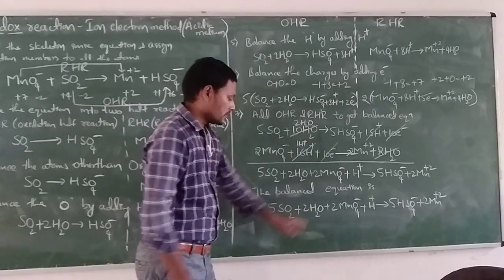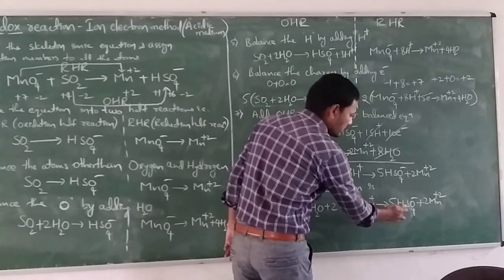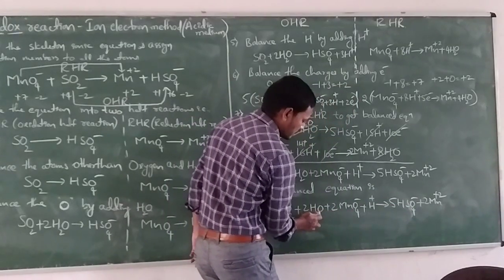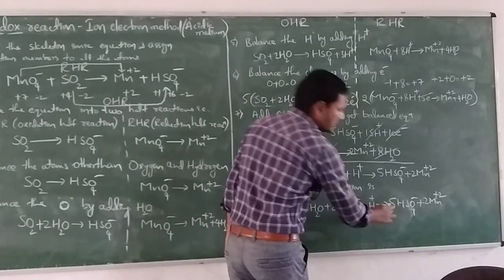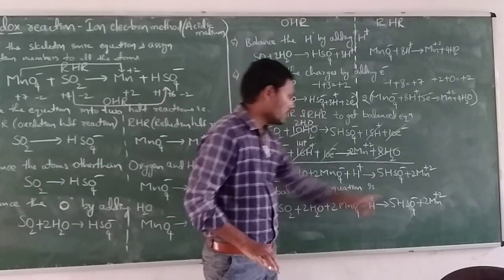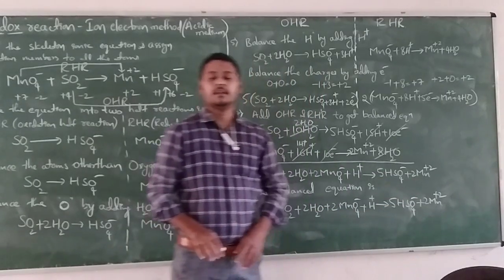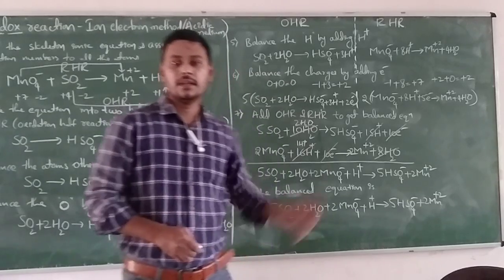Now hydrogens. 4 hydrogens on the left side from water, plus 1, so 5 hydrogens on the left side. 5 hydrogens on the right side. Hydrogen is also balanced. 2 manganese on the left side, 2 manganese on the right side. This is the balanced redox equation in acidic medium.